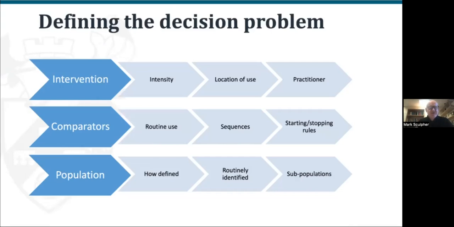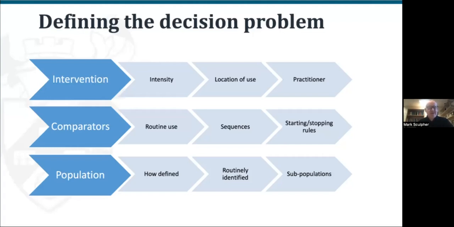So that's the basic framework, but we also have to think about how we define the question. Economic evaluation is a form of research. When we do research, we have to be very clear about what the research question is. And we often define that in economic evaluation as the decision problem.